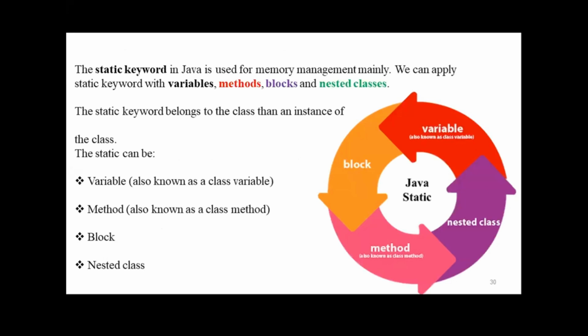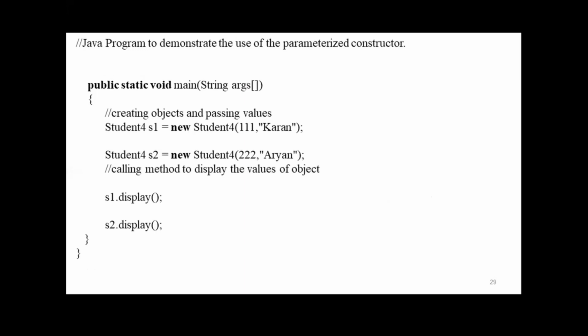Guys, what is a static variable? Tell me. Static means it has fixed memory. Shared memory among all objects, right? And how to call a static variable or function?